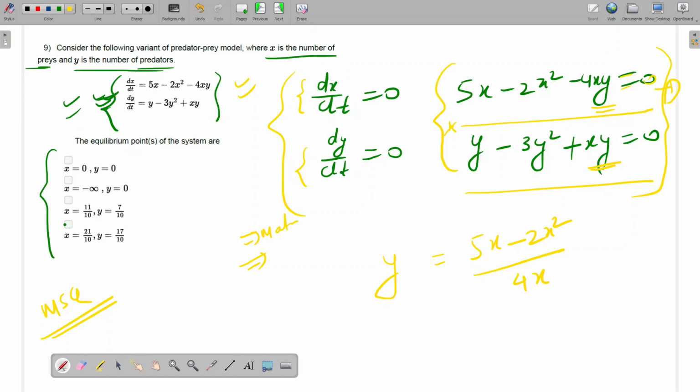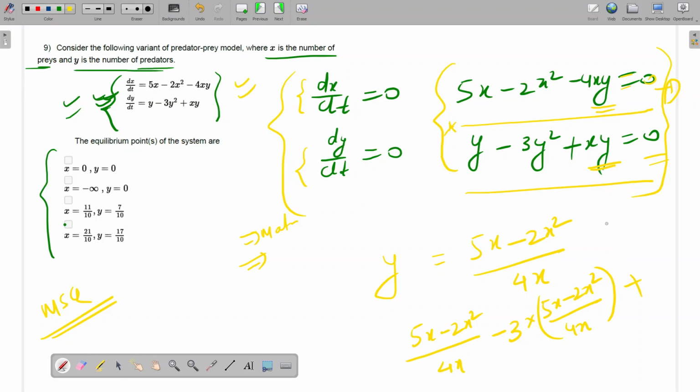Is it clear? Yes, sir. Okay, now the same y we will put in this one. So that will be 5x minus 2x square, divided by 4x, minus 3 into 5x minus 2x square divided by 4x, the second thing, plus x into y.